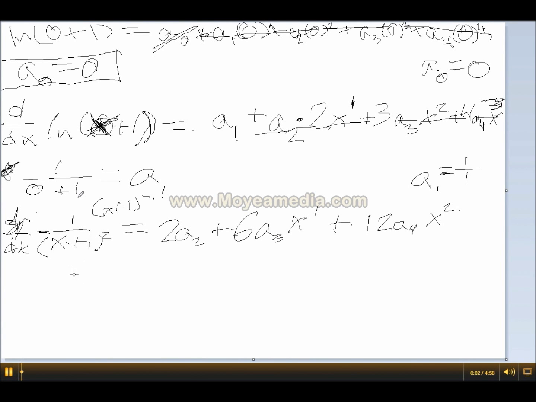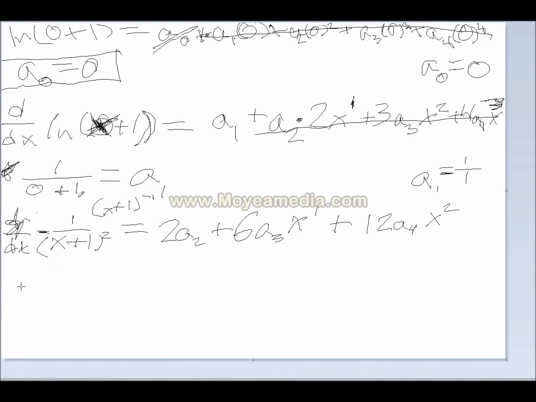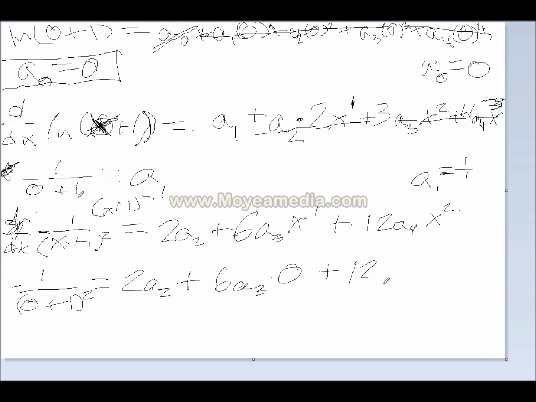For a sub 2, by plugging in 0, of course. So negative 1 over 0 plus 1 squared equals 2 a sub 2 plus 6 a sub 3 times 0 plus 12 a sub 4 times 0 squared, which of course cancel out.